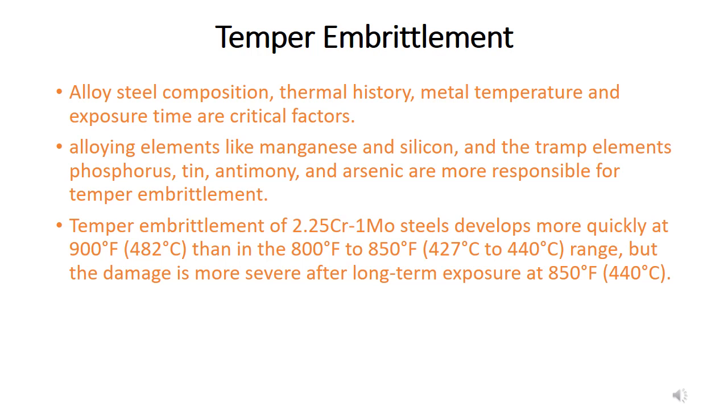Temper embrittlement of 2.25 chromium and 1 molybdenum steels develops more quickly at 900 degrees Fahrenheit, 482 degrees Celsius, than in the 800 degrees Fahrenheit to 850 degrees Fahrenheit or 427 degrees Celsius to 440 degrees Celsius range. But the damage is more severe after long-term exposure at 850 degrees Fahrenheit or 440 degrees Celsius.